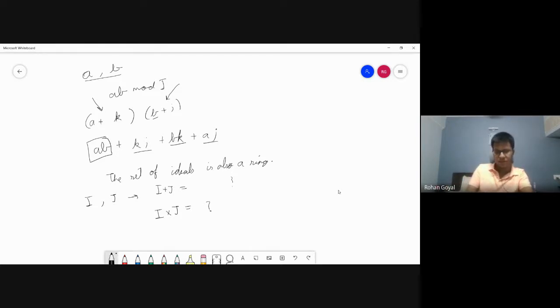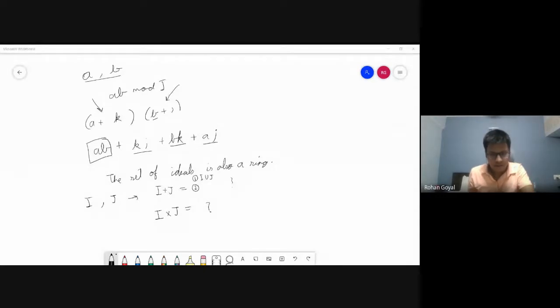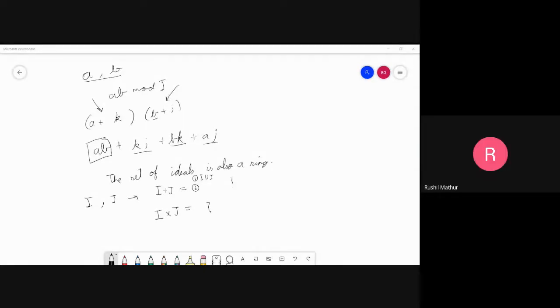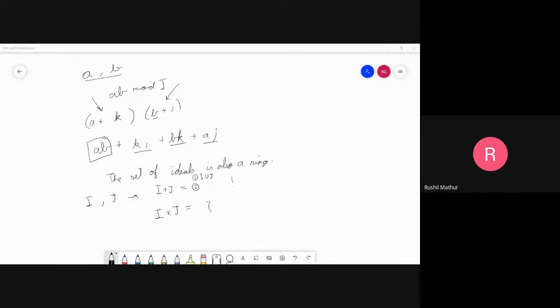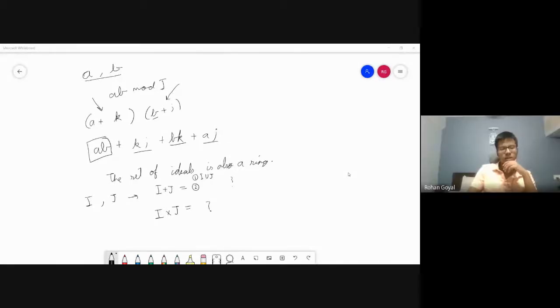First claim we have is I union J. Any other claim? Come on, people, try to speak up. Wait, are I and J sets of numbers in ideals, or are they numbers in the ideal? I and J are the ideals. I want to define addition of ideals to be another ideal.